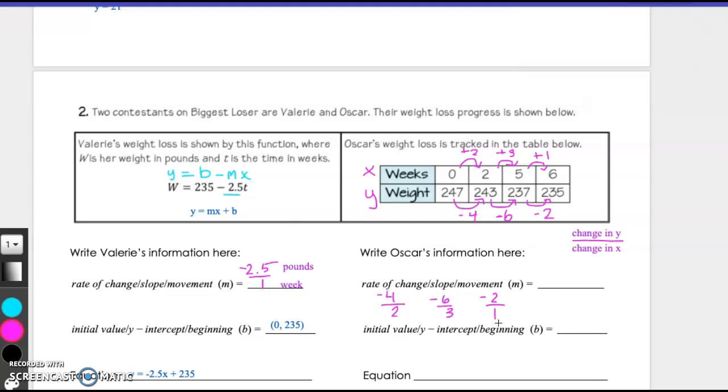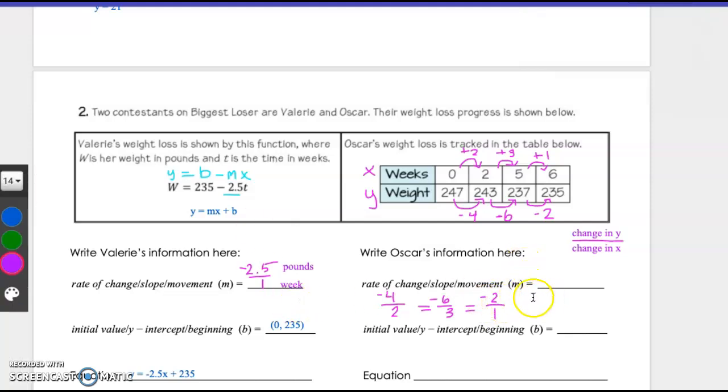What do you notice? They're all equivalent. They all equal -2 over 1. If you simplify -4 over 2, it's -2 over 1. So the table just jumped around a little bit, but if we had filled in the blanks, going from 0 to 1 to 2 to 3 to 4 to 5, it would always be -2 each time.